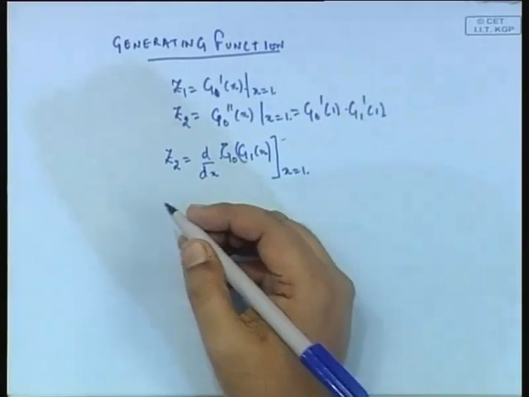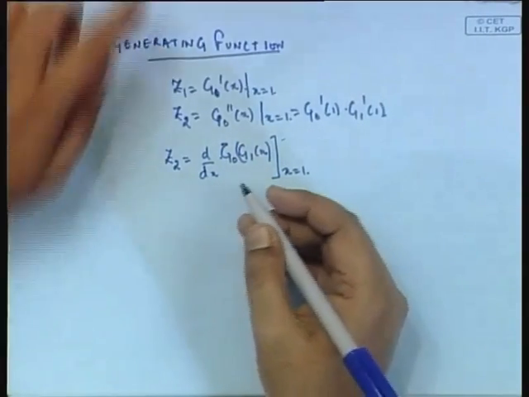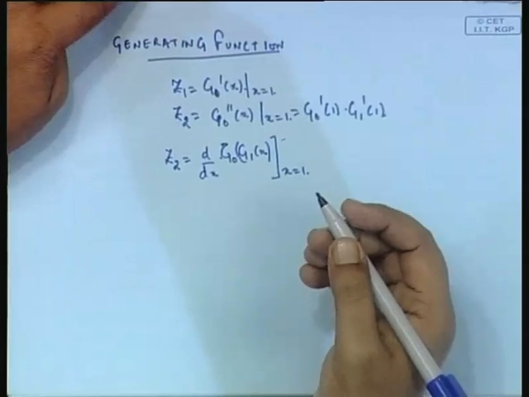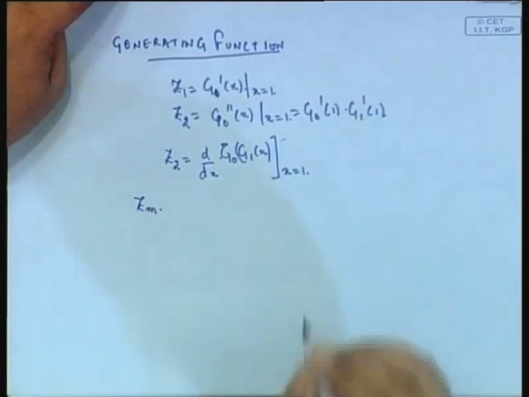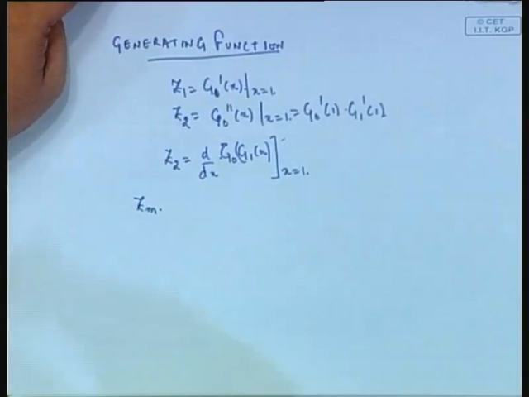So now, what can be the natural extension? I want Zm. I can want Z3, Z4, Z5, so I want Zm. Let us think of G to the power m.